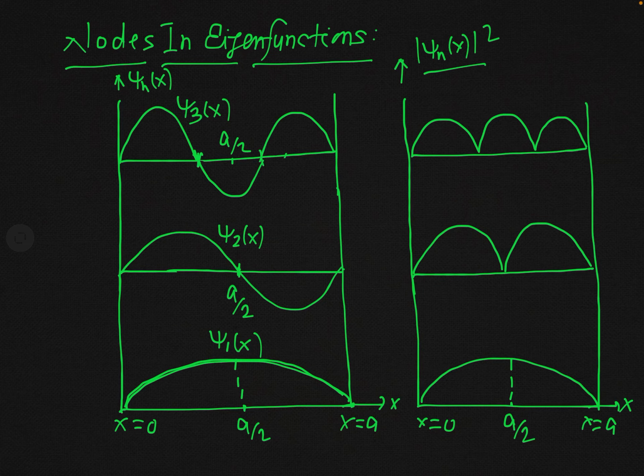So you can see that between x equal to 0 and x equal to a, in general the number of nodes will be n minus 1. So this is a remarkable fact.